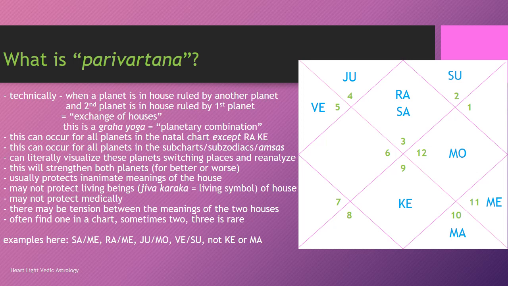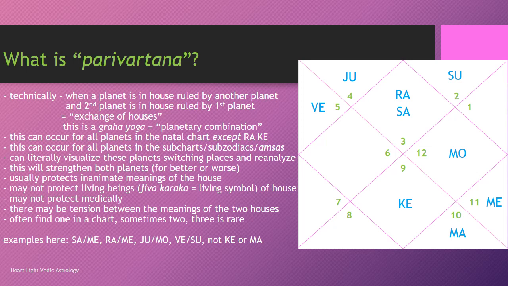So if we start at the top in the Lagna, you can see that Rahu and Saturn are here. This Lagna is ruled by Gemini, the third constellation of the zodiac, and Gemini is ruled by Mercury. So where's Mercury in this chart? Well, Mercury's in the ninth house, in the 11th constellation of Aquarius, and Aquarius is ruled by Saturn.